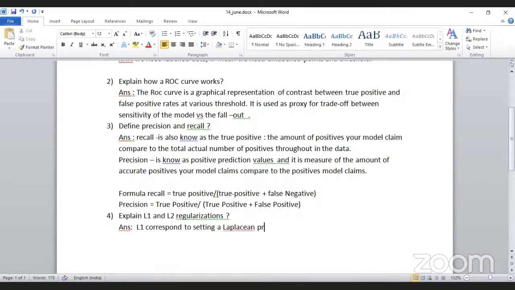Okay. And L2 corresponds to a Gaussian prior.